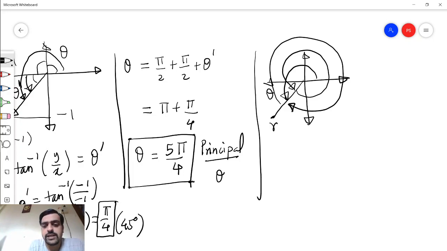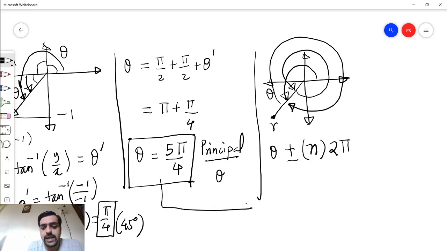So we can reach the same location by adding or subtracting any integral multiple of 2 pi to this value of theta. So theta in fact has infinitely many values.